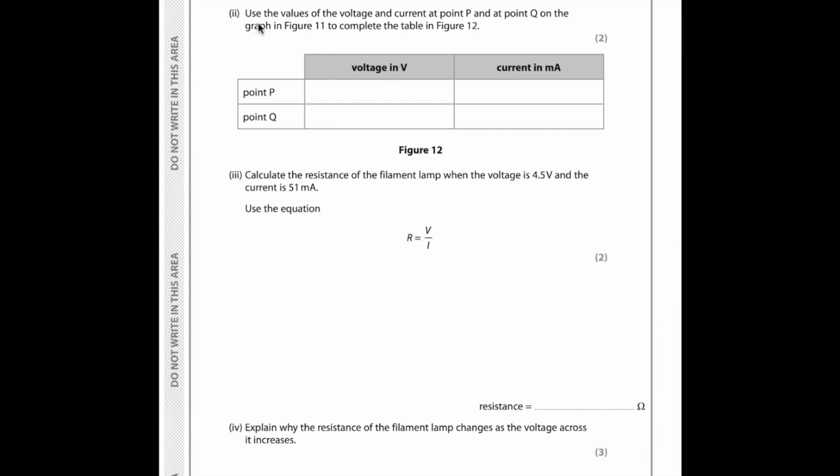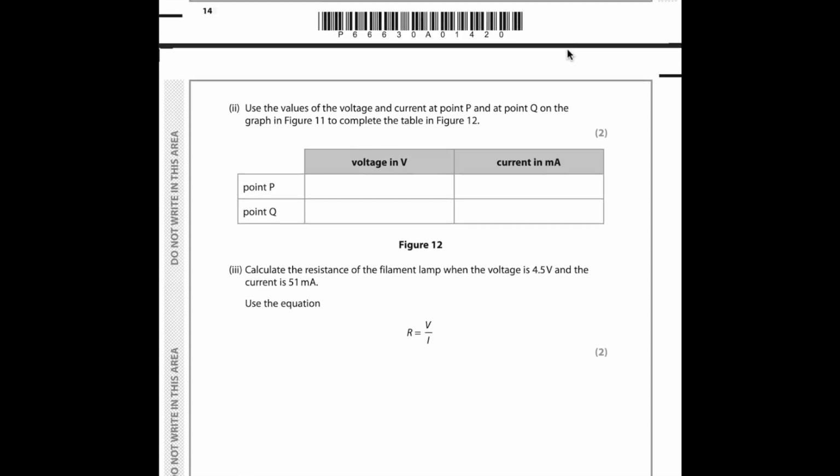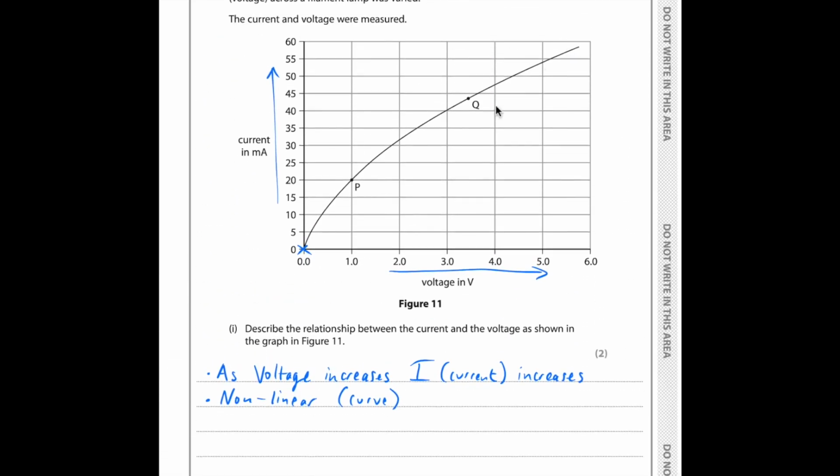Part 2. Use the values of the voltage and current at point P and at point Q on the graph in figure 11 to complete the table in figure 12. Right. So at point P, the voltage is 1 and the current is 20.